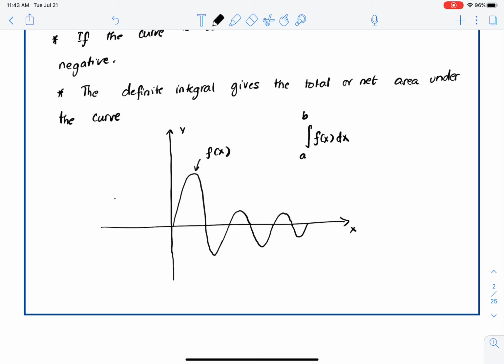When we perform this operation, let me go ahead and do the areas here.